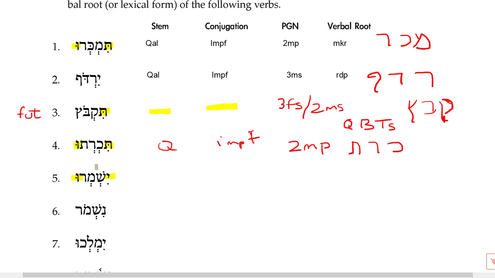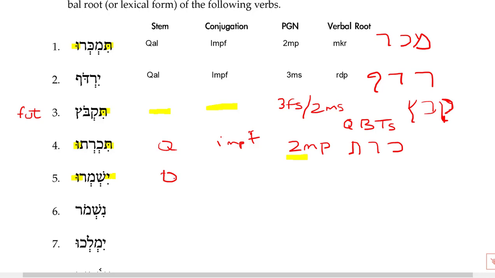Yishmeru, very similar except you've got the yod at the beginning. This is going to be third masculine plural. Different root, but the shureq at the end is telling you that it is a masculine plural. The tav is telling you it's second masculine plural, and the yod is telling you it's third masculine plural. So those aren't too difficult.